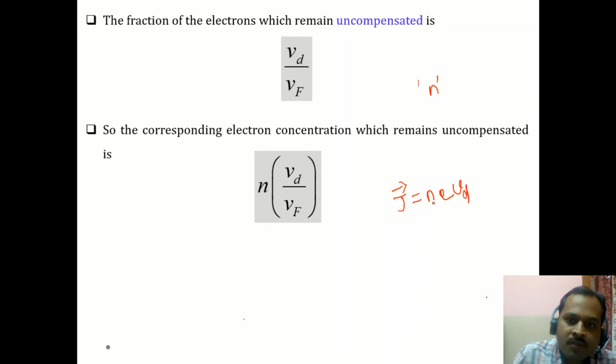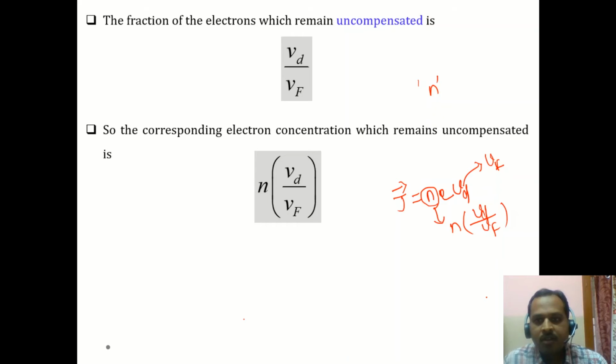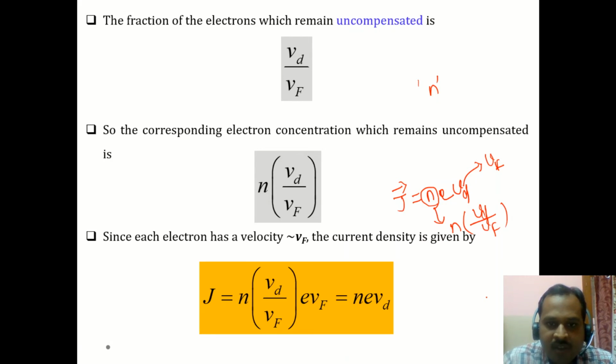So now this concentration will be replaced with n into Vd by Vf, and this velocity will be replaced by Vf, because we are focusing only on the electrons which are at the Fermi surface. So Vd will be replaced by Vf and n will be replaced by n into Vd by Vf. Since each electron has a velocity nearly equal to the Fermi velocity, this is what we have written.